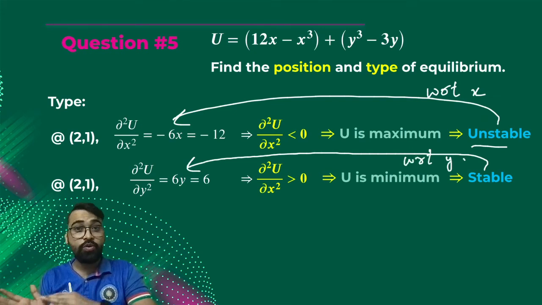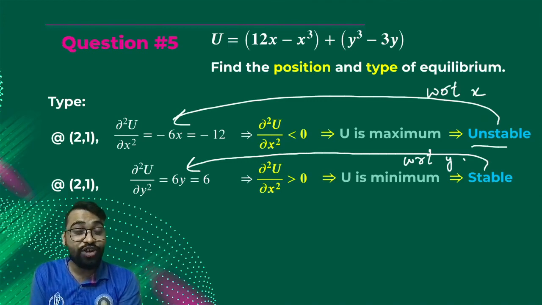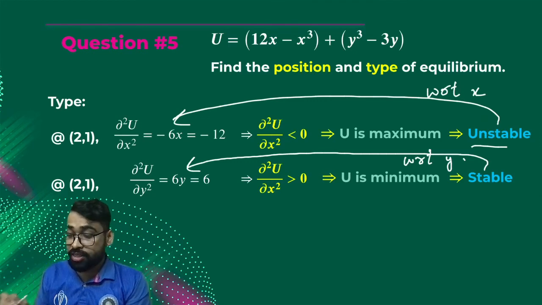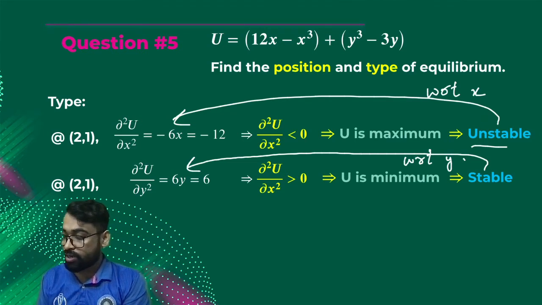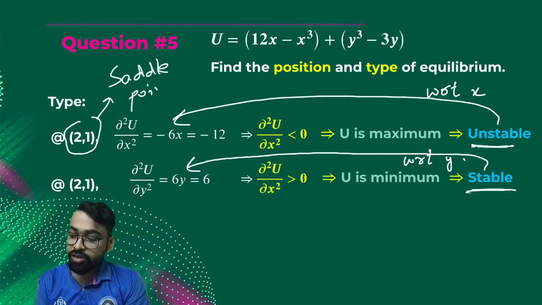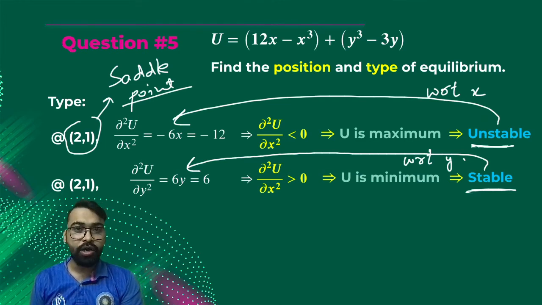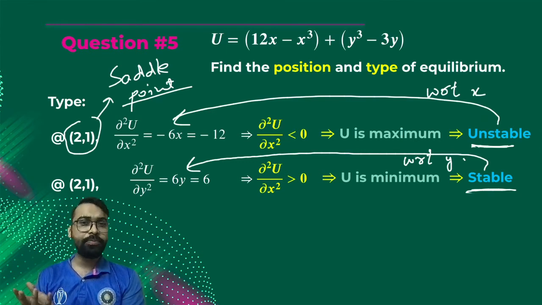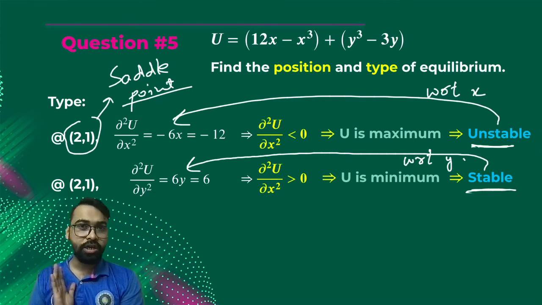So with respect to x and with respect to y, you're getting different equilibriums, and this is one awesome place. Since we have gotten one unstable and one stable, this point is called a saddle point in physics terms. That is, you have unstable equilibrium with respect to one of the axes, and another type of equilibrium with respect to another axis.